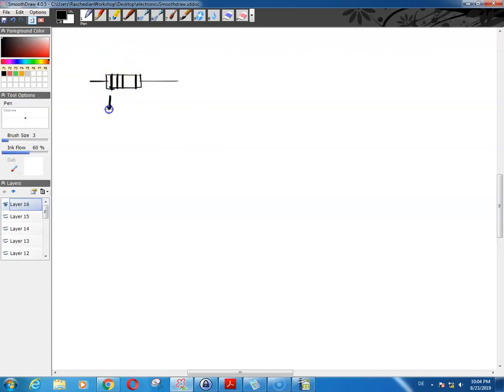The first band is the first digit. This band over here is the second digit, and then the third band is the multiplier. And the fourth band over here is the tolerance.